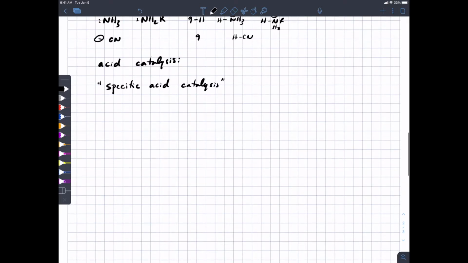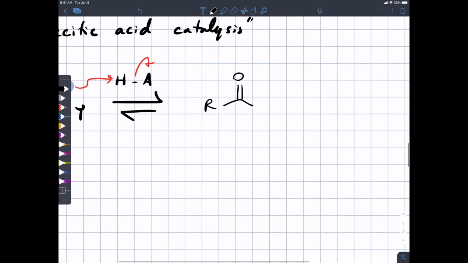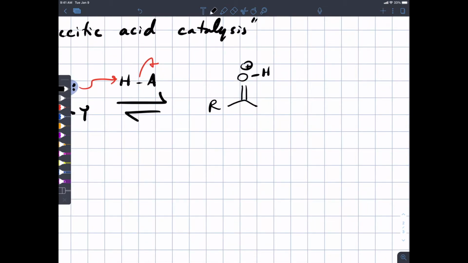And what happens here is we take our carbonyl compound, and in a first step, we add acid, and the nucleophile is, in this case, our carbonyl compound, and the reactive electrons are the lone pair electrons. So they will attack the proton in the acid, and you will generate this protonated oxonium ion.